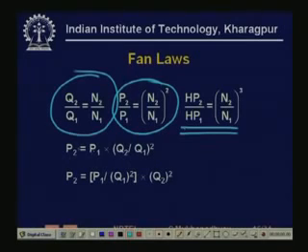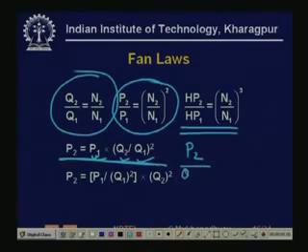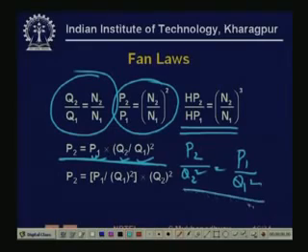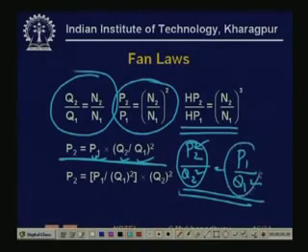If you know Q2 by Q1 and P1, you can calculate P2 by this formula. If you eliminate N from these two, then you get P2 by Q2 square equal to P1 by Q1 square. These two are at speed N2 and these two are at speed N1.